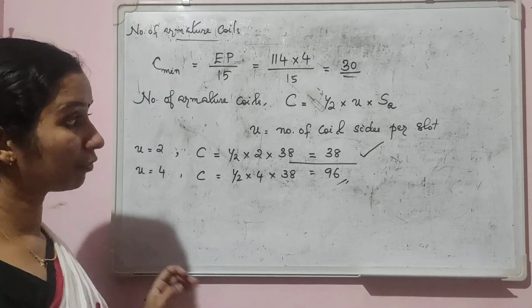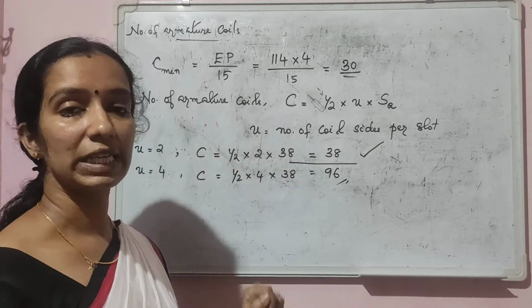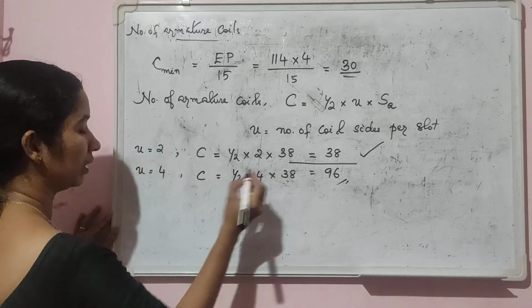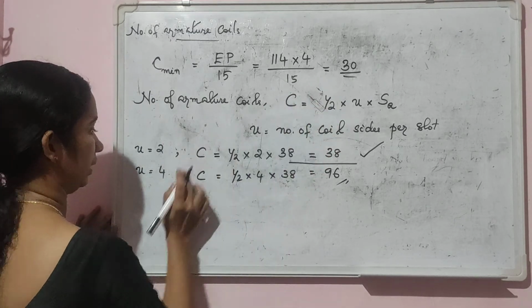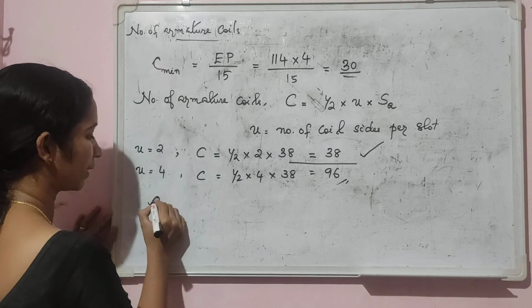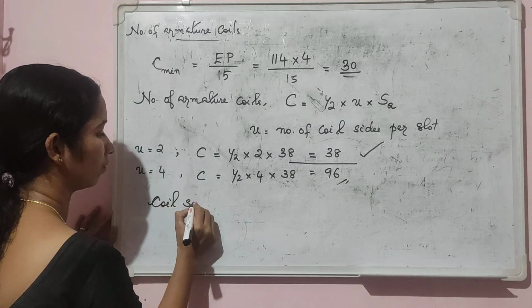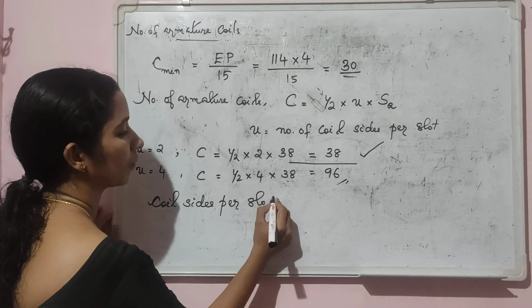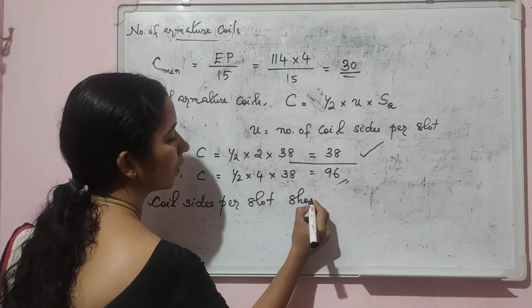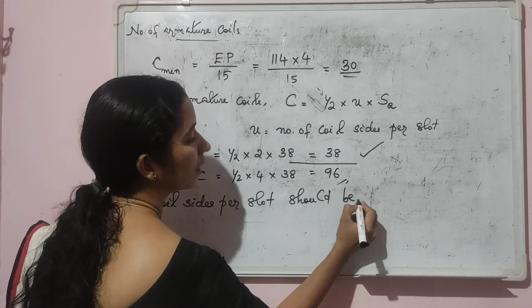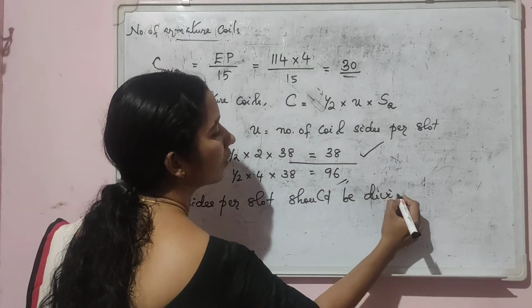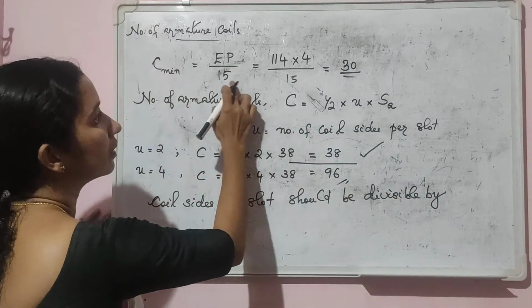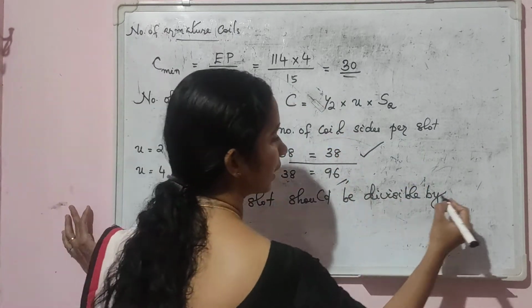And before fixing the value of number of coils, we have to ensure one more thing. So that is an important point. The coil sides per slot should be divisible by conductors per slot.